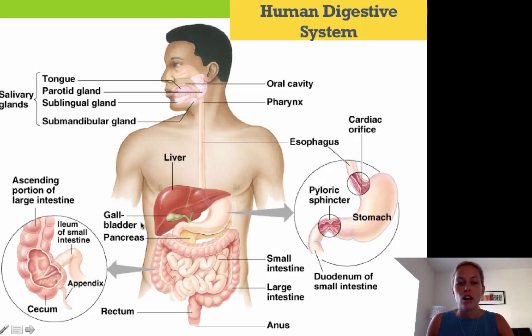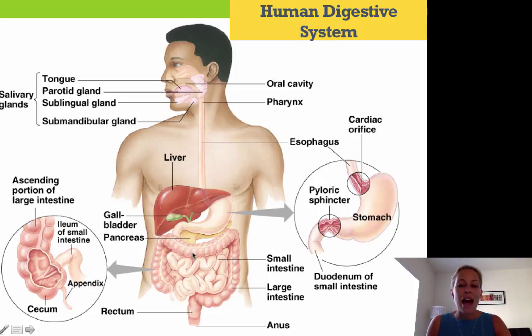So the liver, the gallbladder, and the pancreas produce additional enzymes and additional material to help continue digestion in the duodenum of the small intestine. So the majority of digestion of the nutrients that you consume takes place in the duodenum of the small intestine.